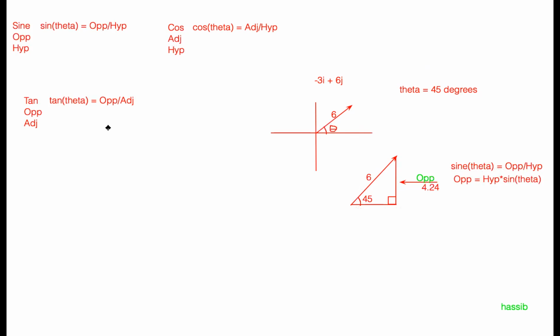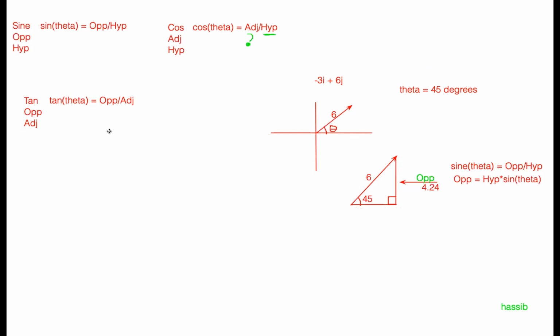But let's say we didn't know it. If we didn't know the opposite, that means we only know the angle and the hypotenuse, and we need to find the adjacent. We have to go with the cosine because we know the angle and the hypotenuse, so the only unknown will be the adjacent.